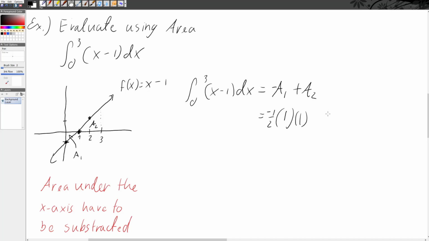And there's a negative in front. A2 is above the x-axis, so we add, so it's still positive. It has a base of 2, and if we put 3 into the function, the height is also 2. So this is -1/2 plus the 2 cancel out.